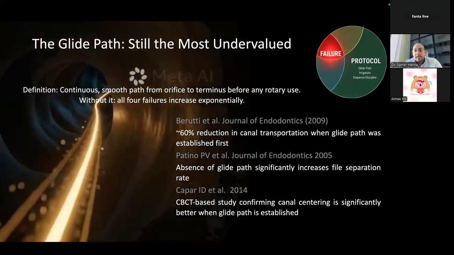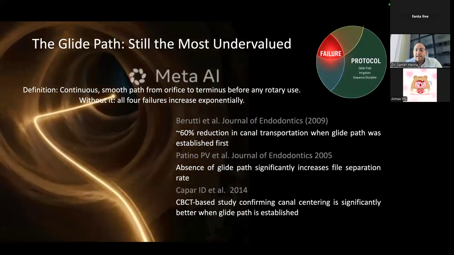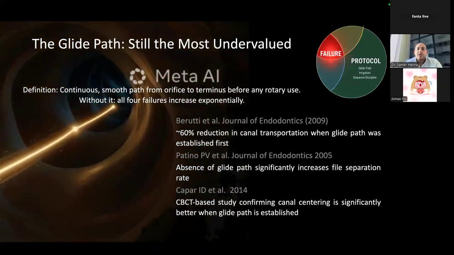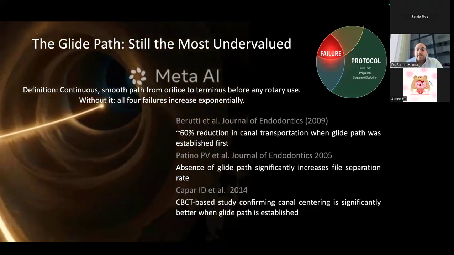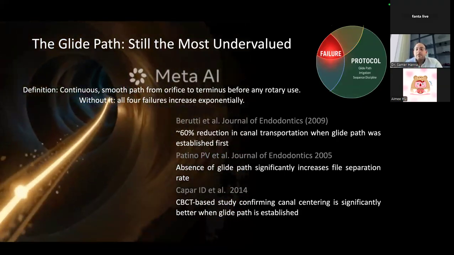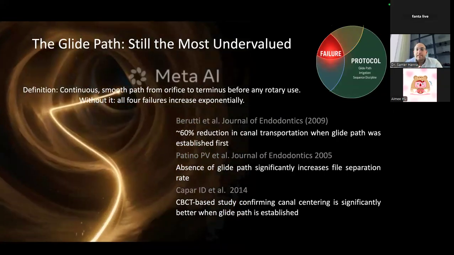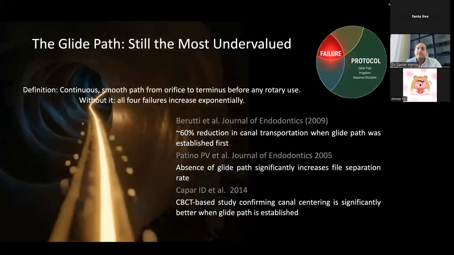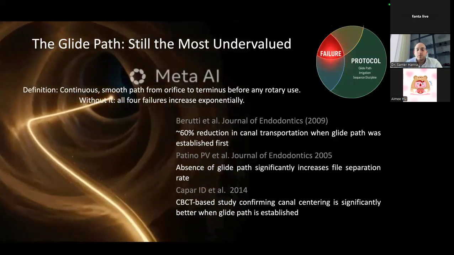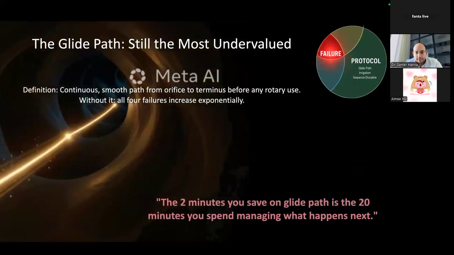And a CBCT-based study confirmed canal centering is significantly better when a glide path is established. So even for canal centering and transportation, Kapper in 2014 established by his CBCT study that canal centering is better 100% when a glide path is established.